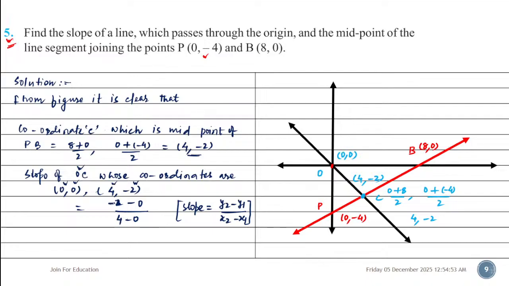So here will be -2 by 4 equal to, we cancelled out the common factor, 2 1 ja 2, 2 2 ja 4. So here will be -1 by 2. This one will be the answer of the question number 5.